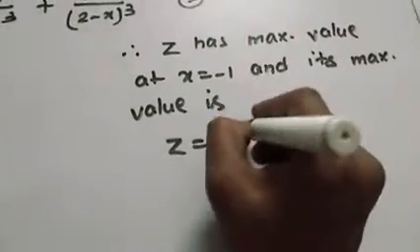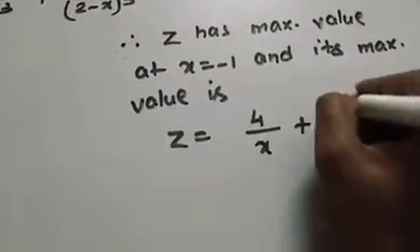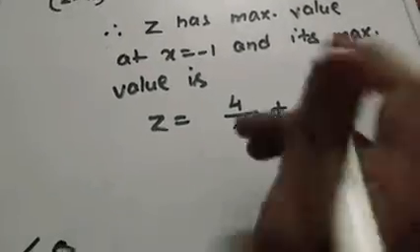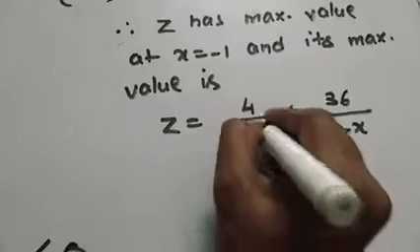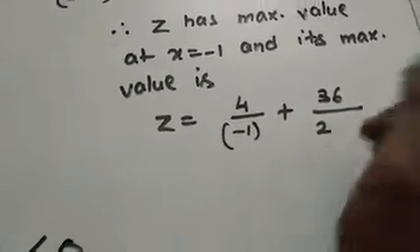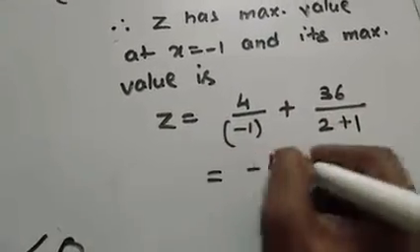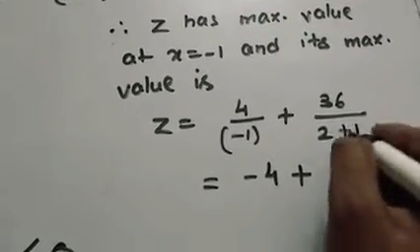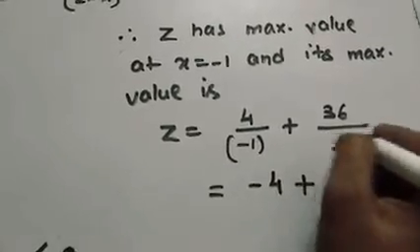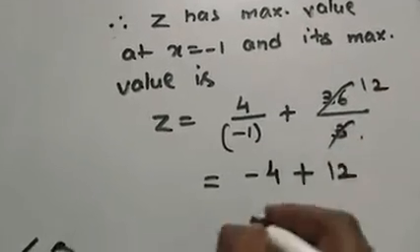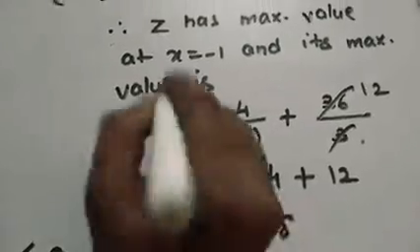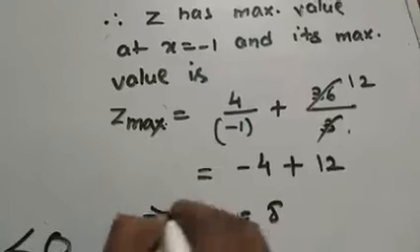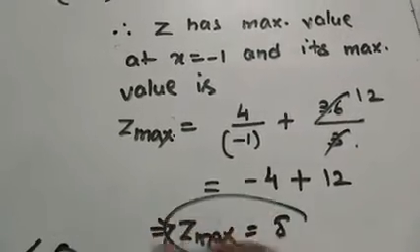The expression was 4 by x plus 36 by 2 minus x, right? So putting x equals minus 1, this will become minus 4, and 36 by 2 plus 1, 3, 3 by 36 is 12. So 12 minus 4 is 8, so it will be z max. So your z maximum value is 8.